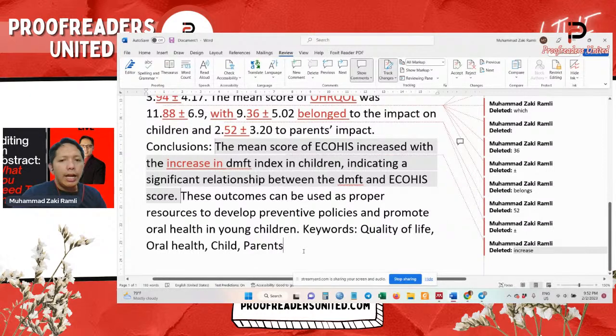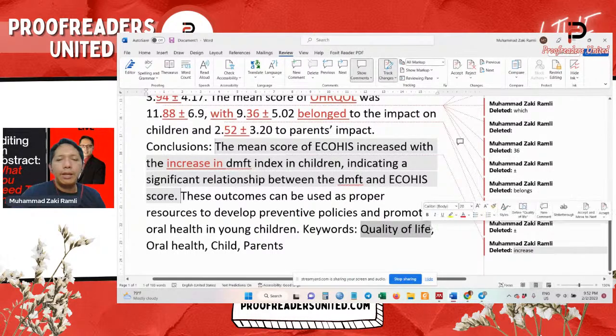Okay, I have quite an issue over there, especially when oral health is with a small h here, but maybe that's how it should be. Okay, it's quite consistent over there.